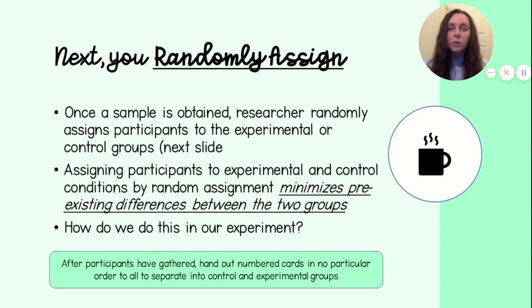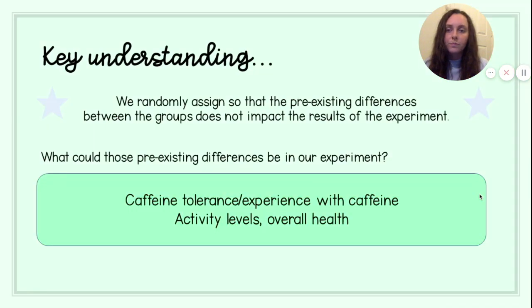And we do this because we want to minimize differences between the two groups, right? You don't want all males in the experimental group and then all women in the control group. That adds a lot of confounding variables, and then that's not going to give us good findings for the experiment.